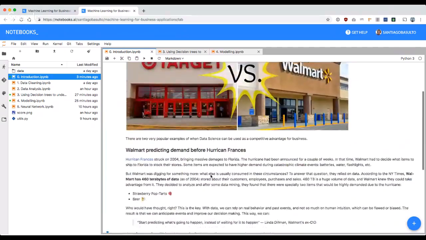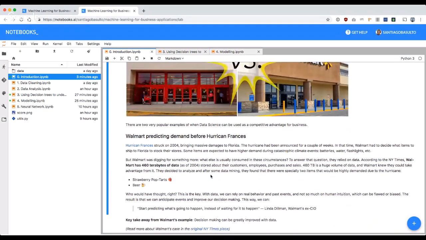Okay, in the case of Walmart, they took some time to dig into that data and make the decision, probably supported by humans with experience, someone with a little bit more expertise, where they were looking into these pieces of data and understanding what they had to do. So this is a more offline process. They sat, dug into the data, analyzed it, and they came up with the decision.